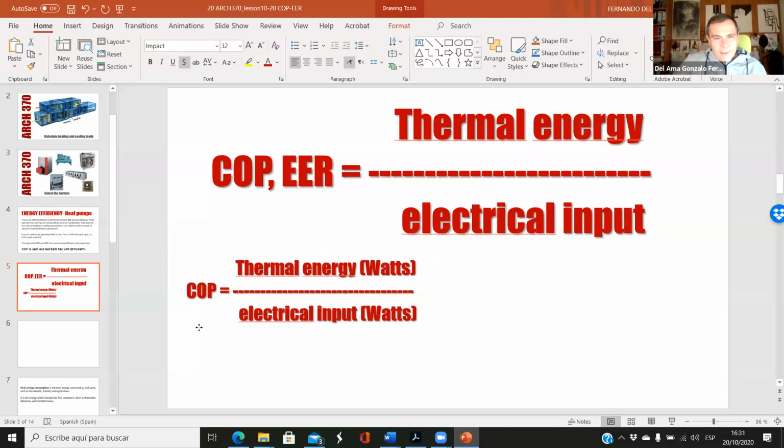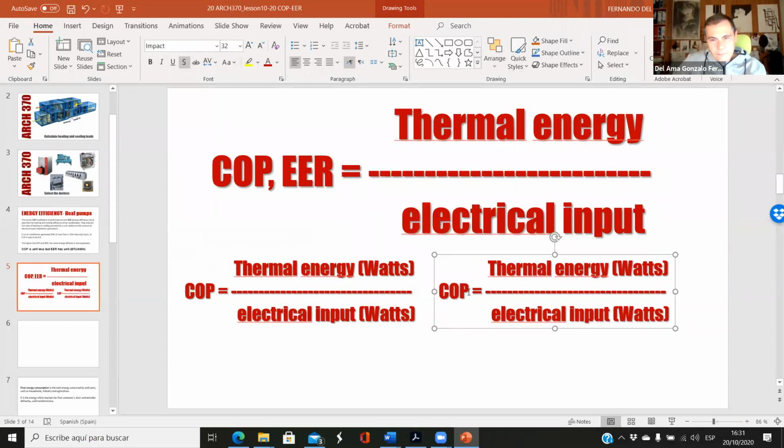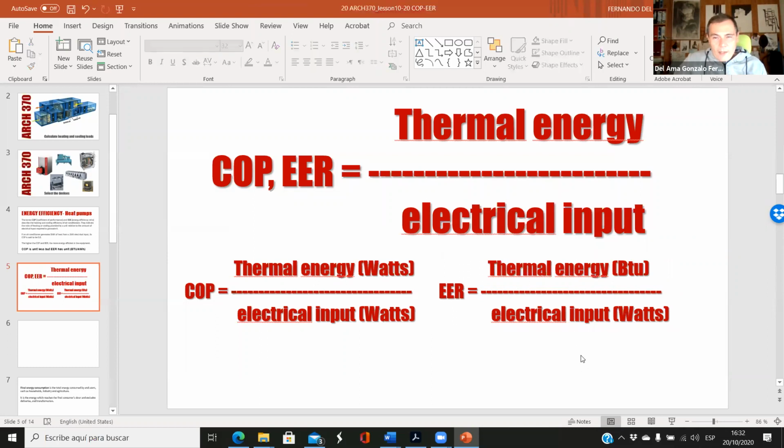What is the EER? It's the same, it's thermal energy, but this thermal energy is in BTUs, and the electrical input is in watts. Why are we doing this?